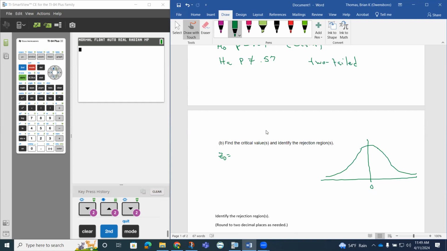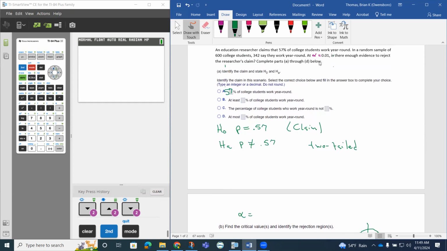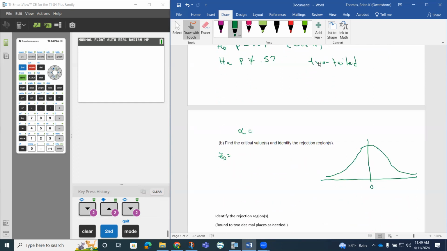To do this, though, I need to know what alpha is. And our level of significance was 0.01. So we have to find the test statistic for this region here, and then the test statistic for this region over here, since it's two-tailed.